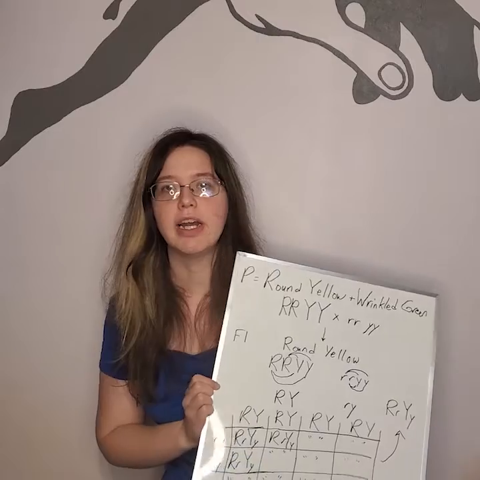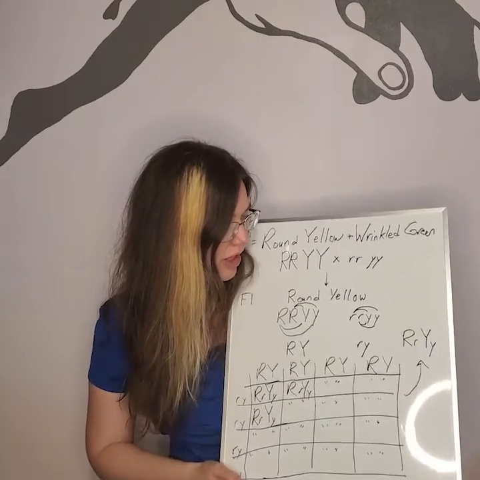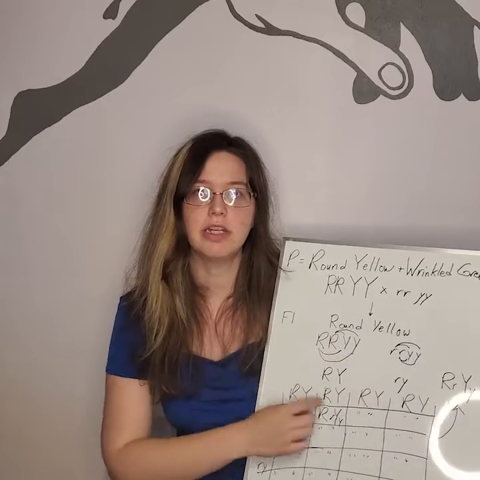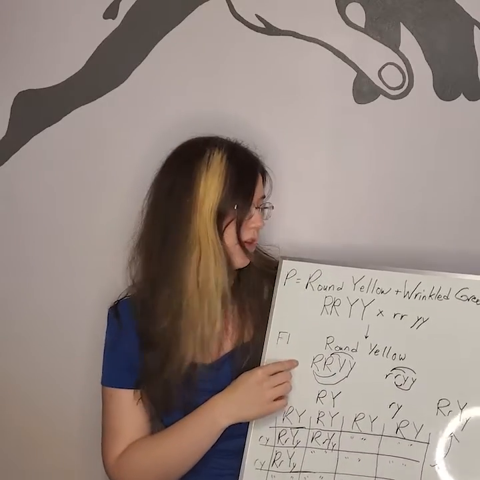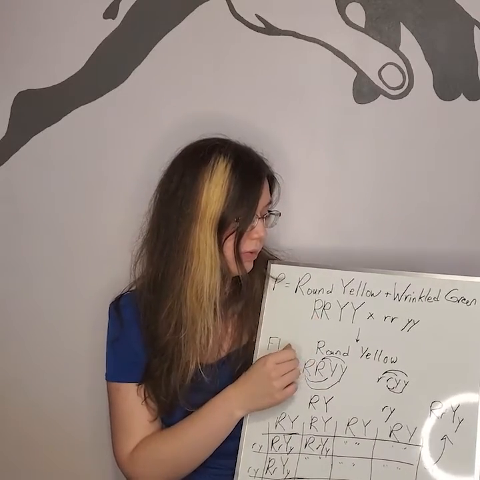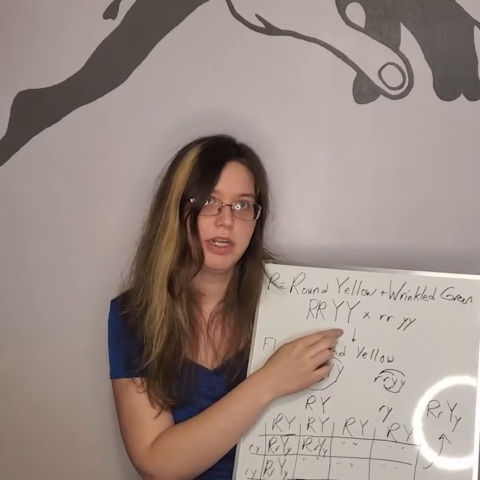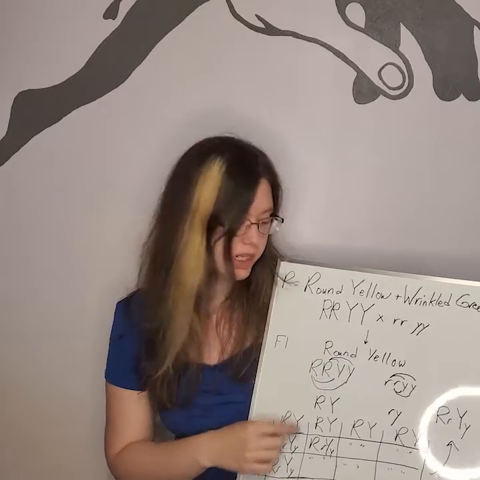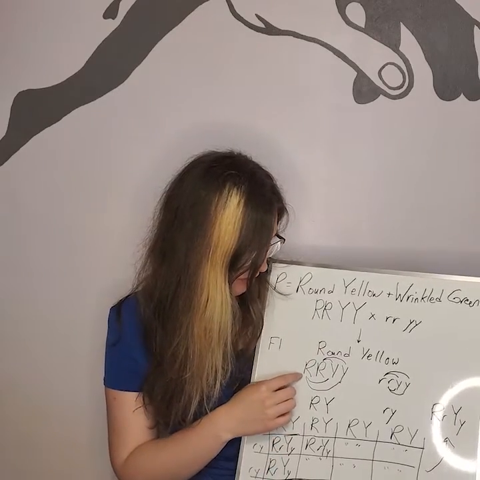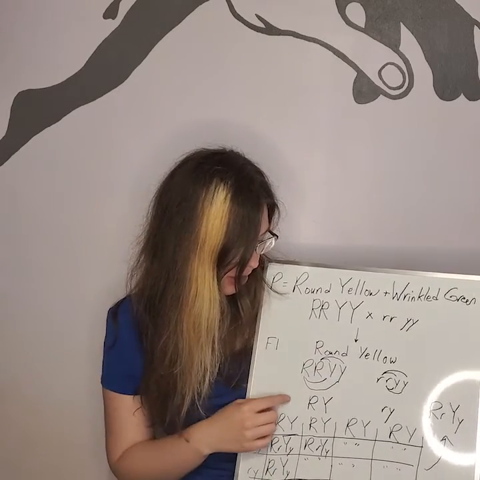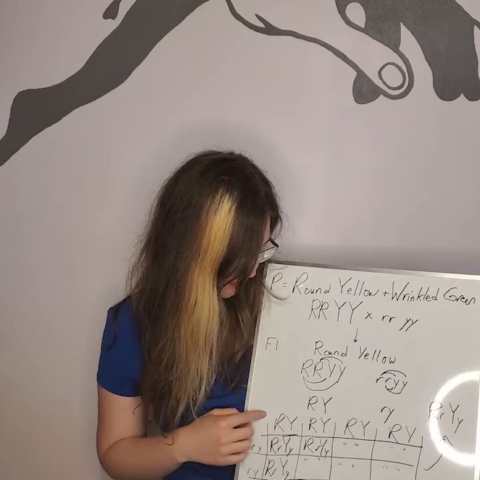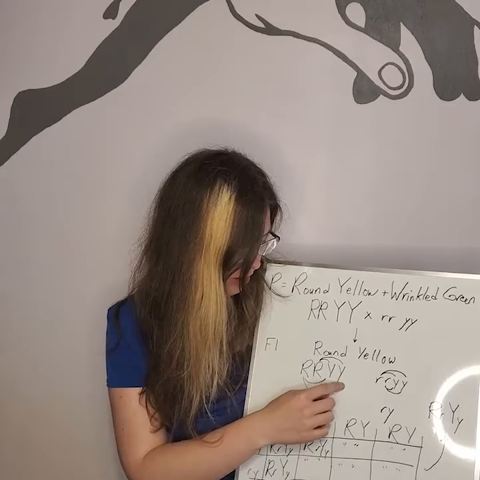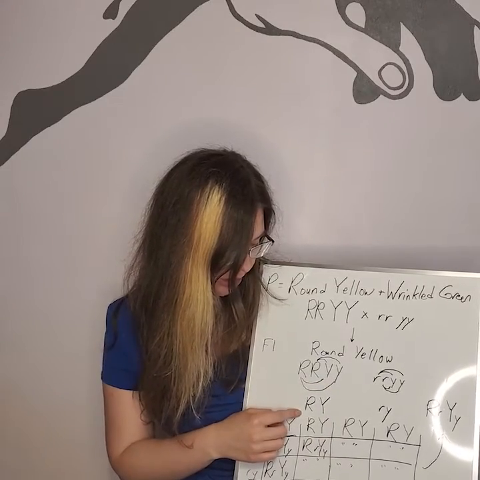So the traits that are expressed in the F1 generation are only those that are dominant. And to do a dihybrid cross, we have to FOIL these alleles. So we have the round one and the yellow one, and they both have dominant alleles. So we FOIL it: we take the first two, and we get a capital RY, and then we take the outer two, and we get a capital RY.